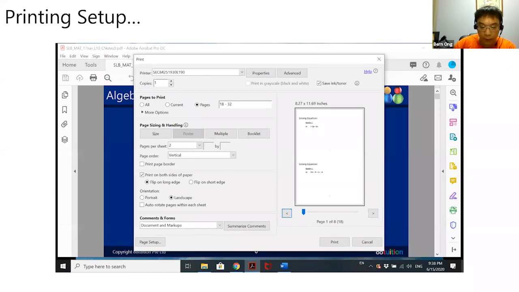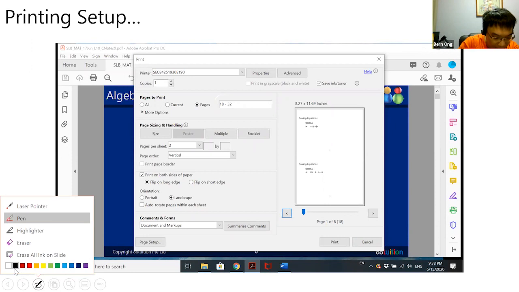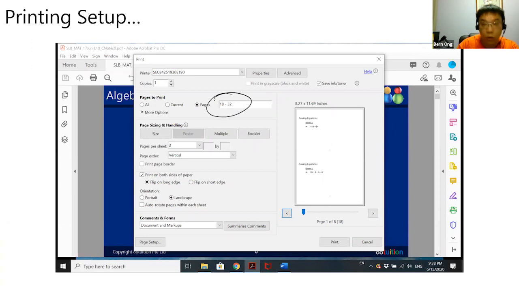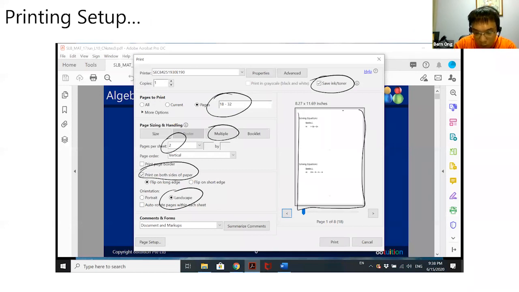If you go to your PDF, please print from pages 18 to 32. If you want to practice again, for the save ink portion, you can choose multiple 2 pages, print on both sides and landscape. So on one piece of paper, you see 2 slides. Then you can press the print button.